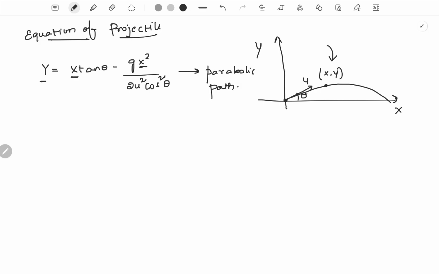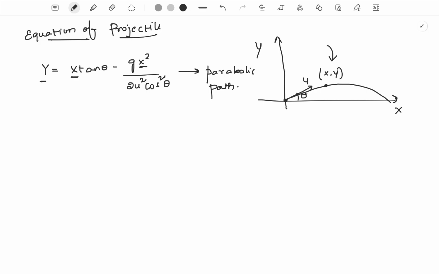We see a similar point in the case of the motion of a charged particle in a uniform electric field. One interesting connection between this motion and the motion of a charged particle in a uniform electric field is that in both cases the acceleration is constant.